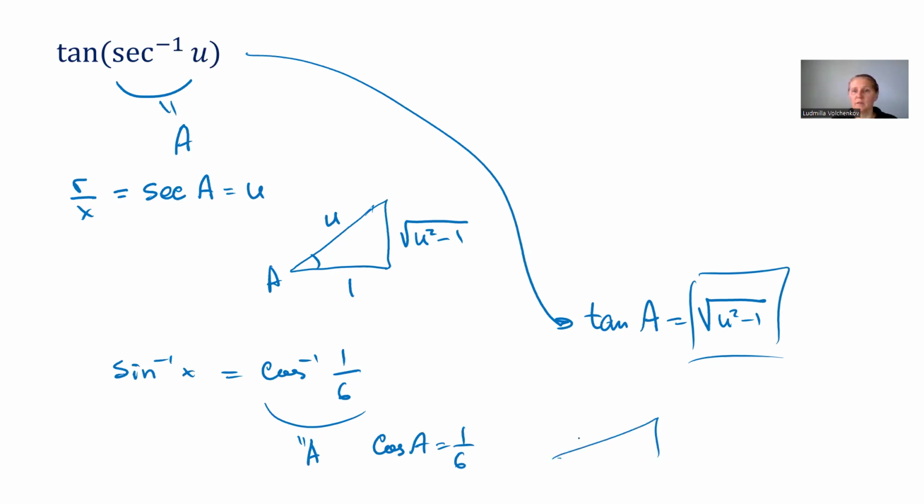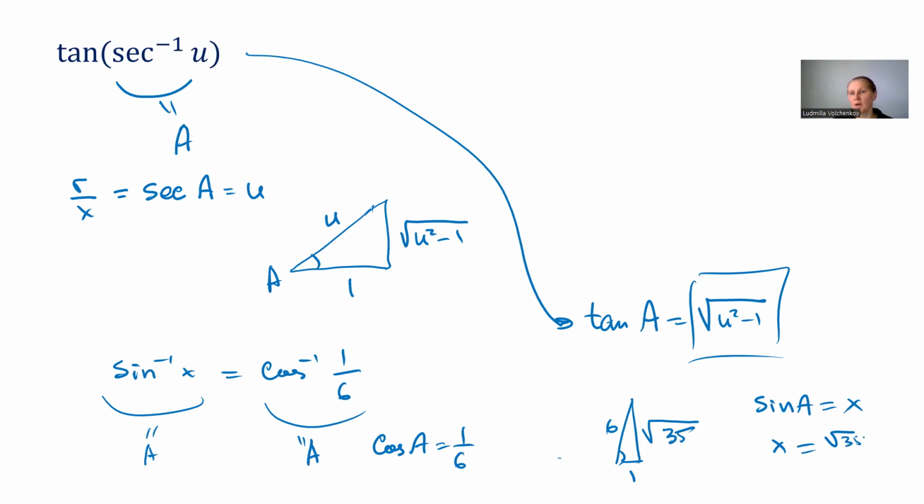So we can take a triangle with the hypotenuse 6 and the adjacent side 1. Then the cosine is 1/6. And the opposite side will be square root of 36 minus 1, square root of 35. Then this is the same angle A. Sine A must be equal to x. So x equals square root of 35 over 6.